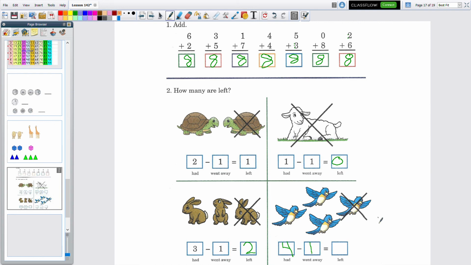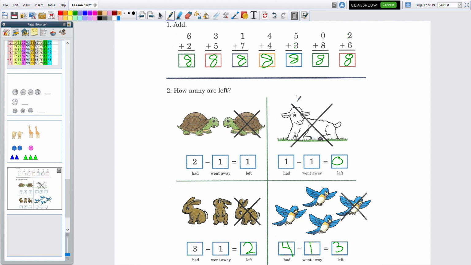Because one bird got crossed out. So if you had 4 and 1 went away, how many is left? 3, that's right. So let's see if I can get my tablet out of the way. I keep hitting something here. So that would be 3 left.